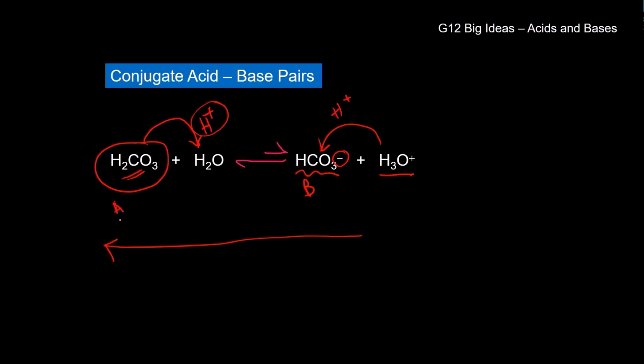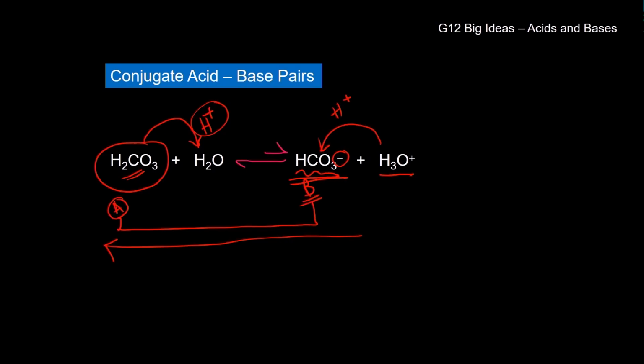So this is what we would call the conjugate acid-base pair. They are linked. If we read the forward reaction from the left to the right, we see that the carbonic acid is an acid, and if we read it from right to left, the reverse reaction, we see that this substance is going to act as a base.